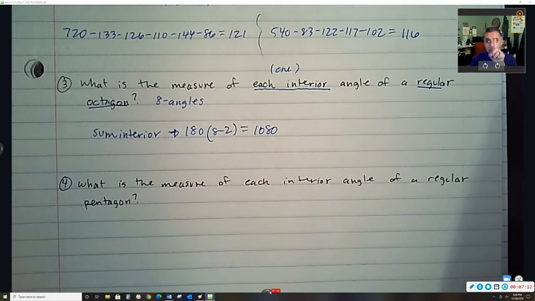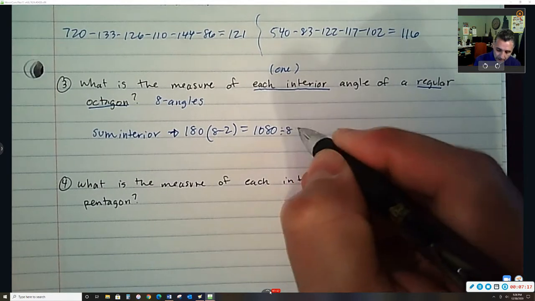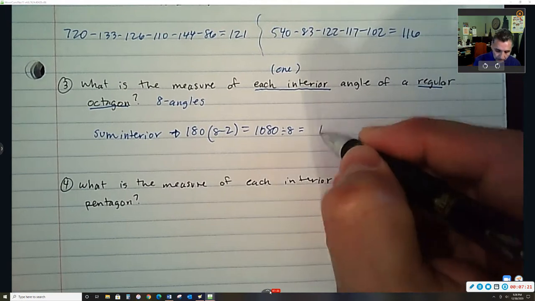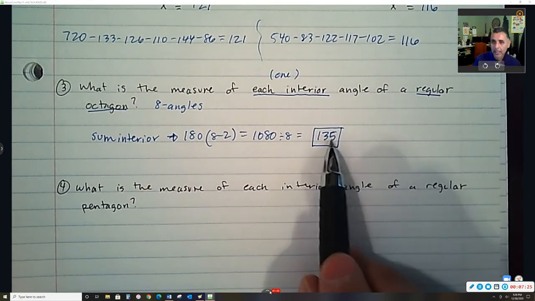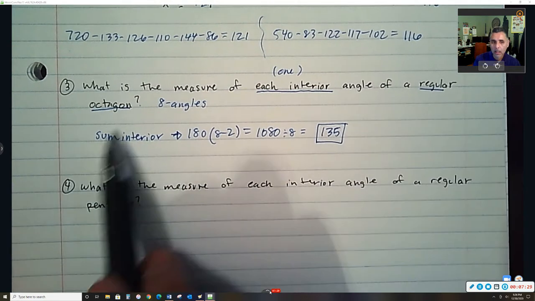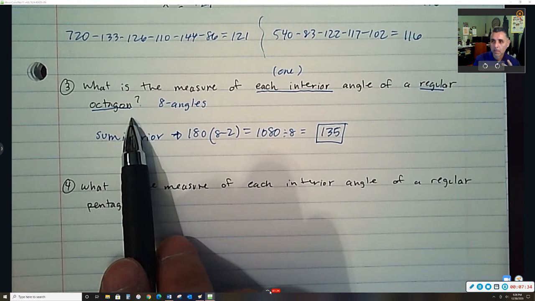But if I want to figure out the angle for one, then you take it and divide it by 8. When you divide by 8, you get 135. So that means you have 8 angles that each equal 135, because remember, regular octagon means all the angles are equal.